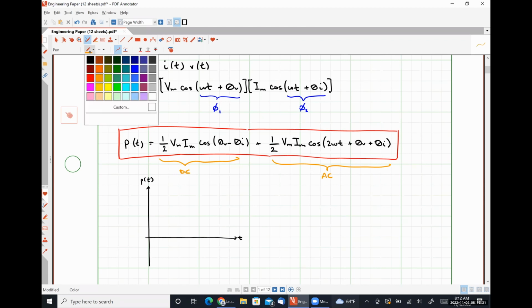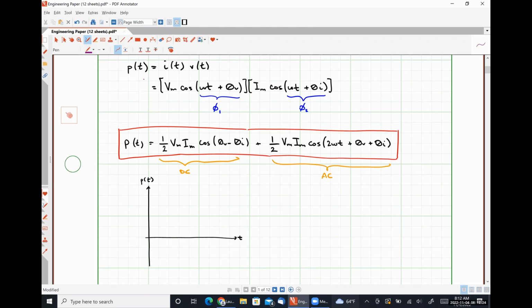So if I were to plot this, it would look something like this. Here I have my DC level of power, and then I'm going to put an AC signal superimposed on top of it.